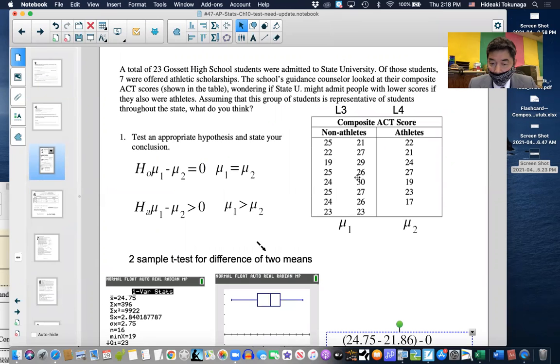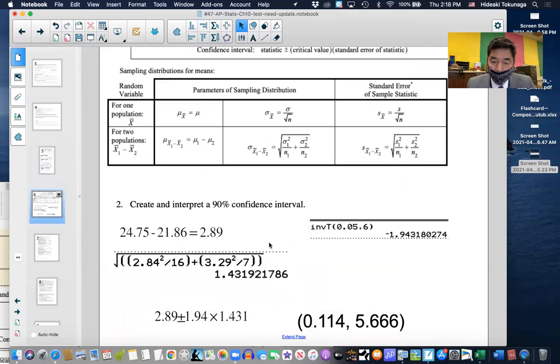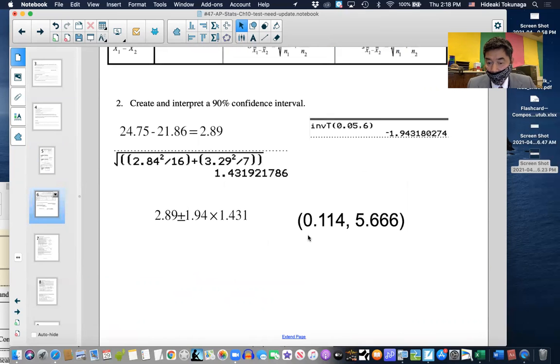If we took samples of 16 students and 7 students many times and compared the means each time, we are 90% confident that we capture the true mean difference in this interval, between 0.114 and 5.666. That's the interpretation of the 90% confidence interval.